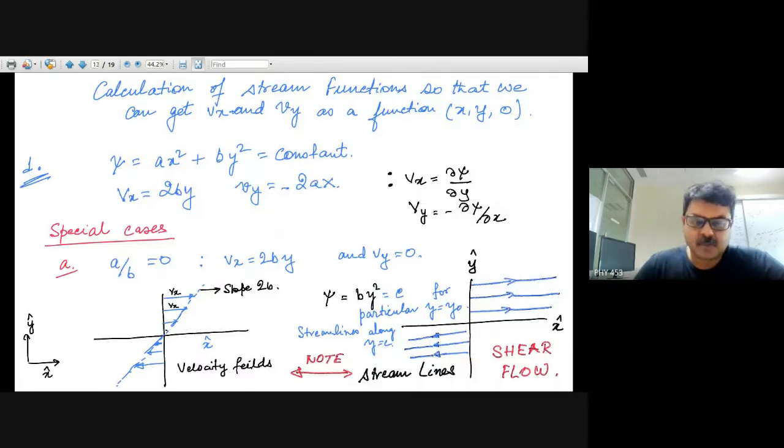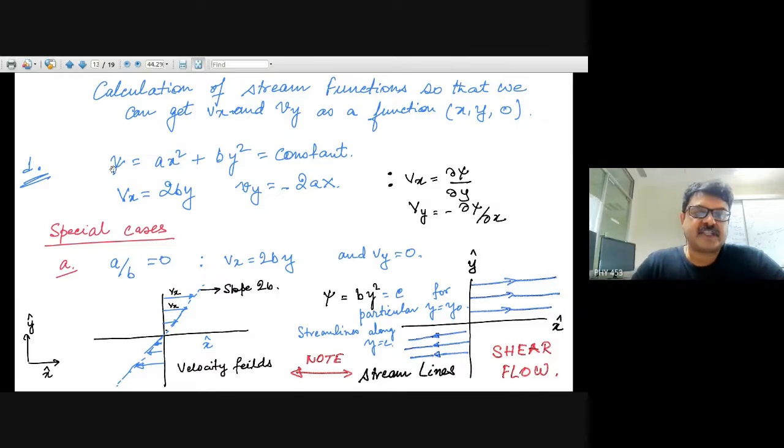Now we are going to look at special cases. Suppose a by b equal to 0, which means b is finite and a equal to 0. Then you are taking the derivative with respect to y to get vx, right? And of course, vy will be equal to 0 because there's no x dependence. In that case, Vx equal to 2By. Let me remind you, this is exactly what a shear flow field is.